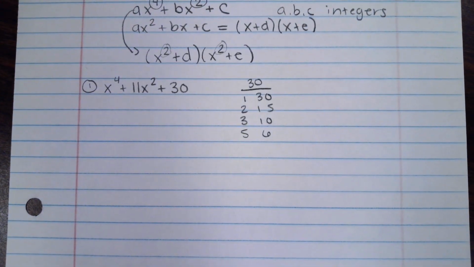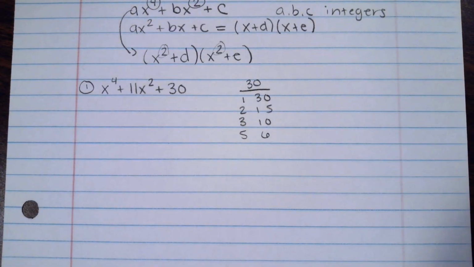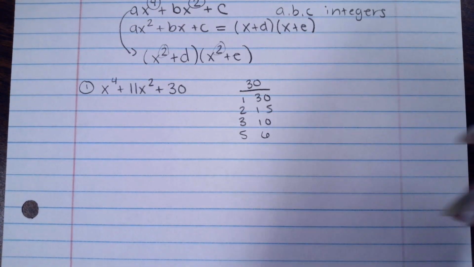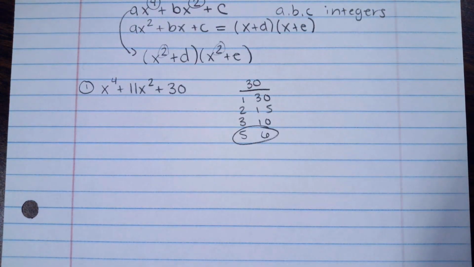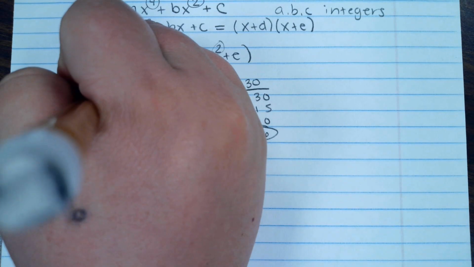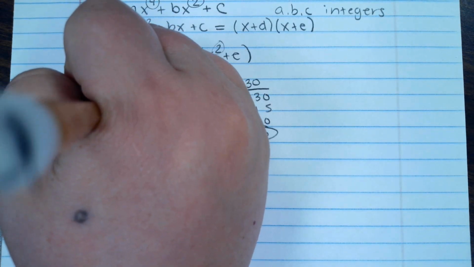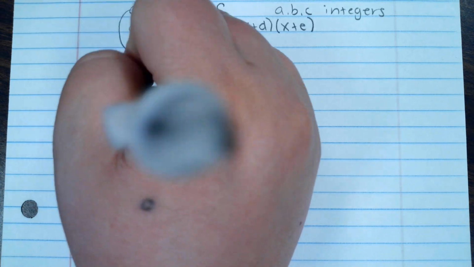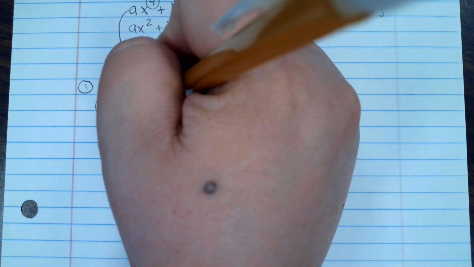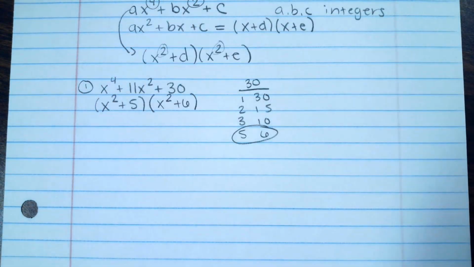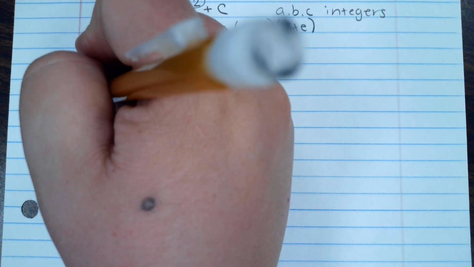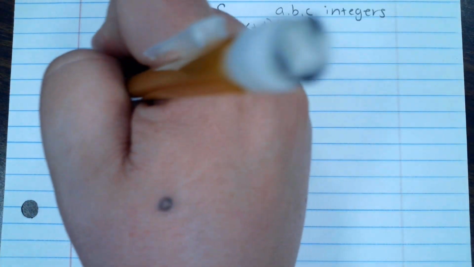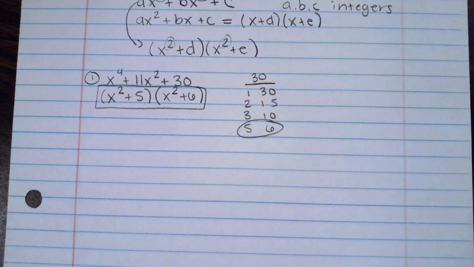So any of those factors get 11? There we go. So this will factor into x squared plus 5 and x squared plus 6. That is the only difference. Exactly the same.